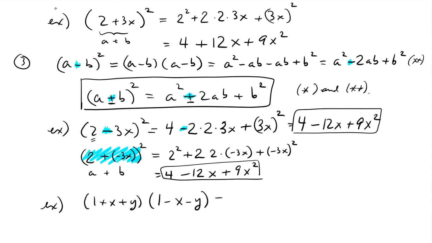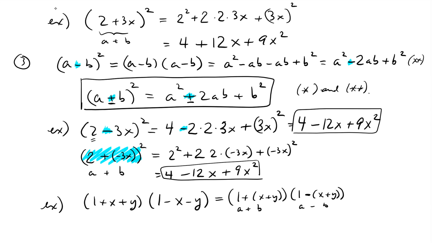But here's a neat little trick to look at. I can regroup the x and the y together and do the same thing on the other side. I can write it as 1 plus (x plus y) times 1 minus (x plus y). And now look at that. Now I've got something of the form a plus b, and here a minus b.